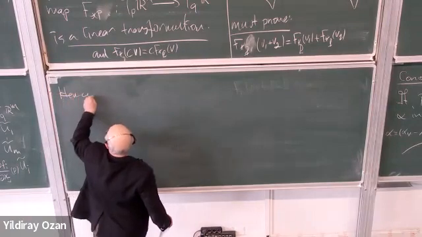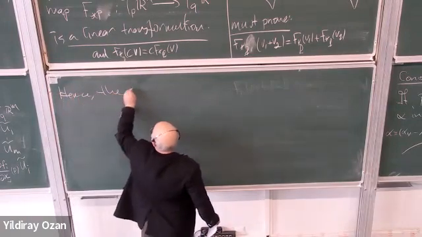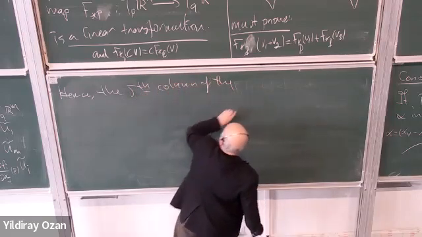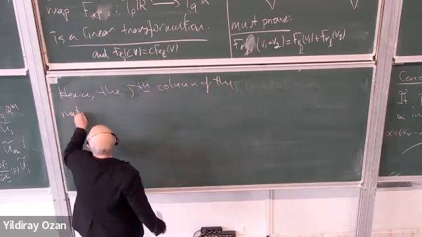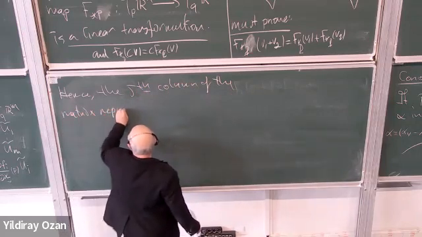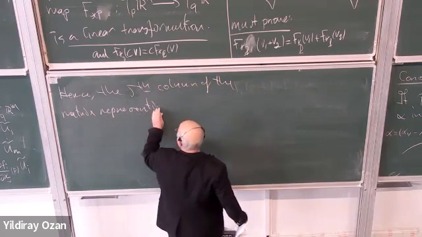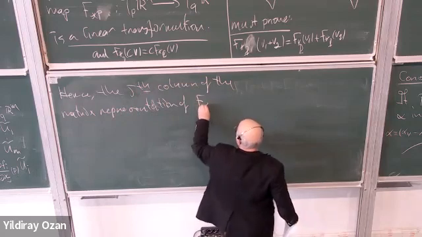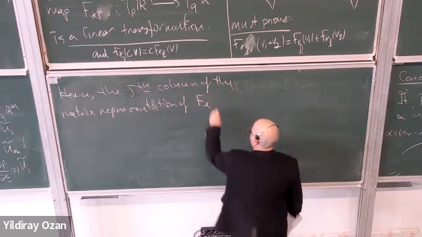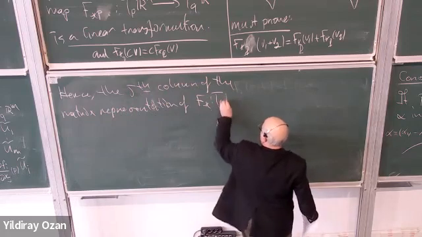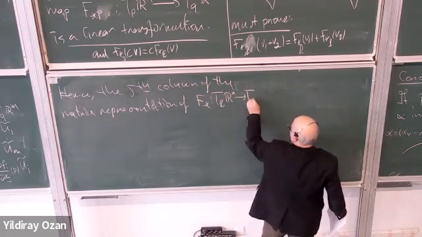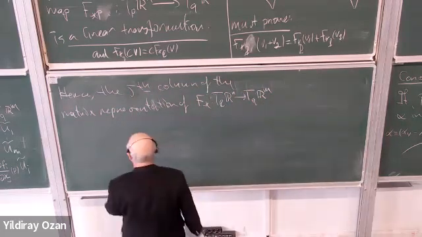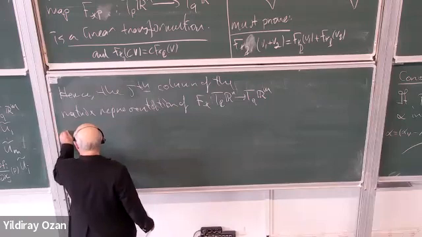Hence, the jth column of the matrix representation of the derivative map F star, which is a linear map from the tangent space to Rn to the tangent space Rm, with respect to the basis.